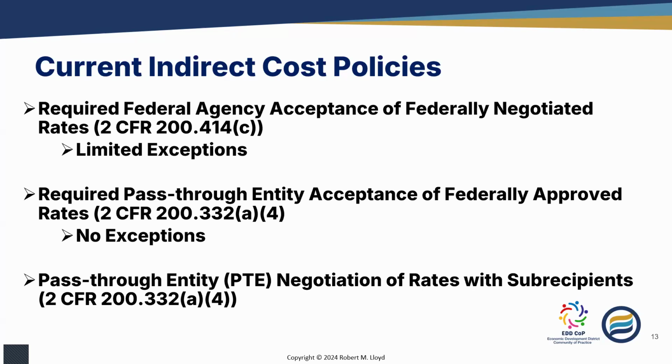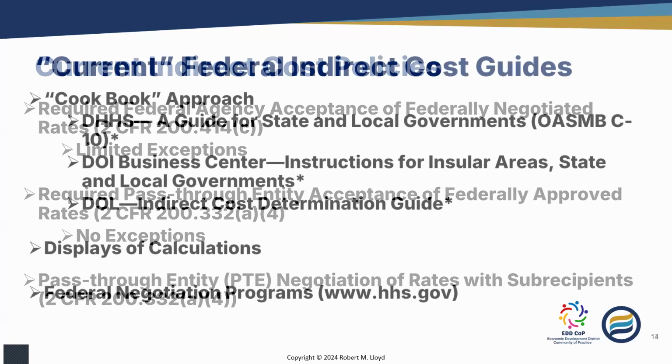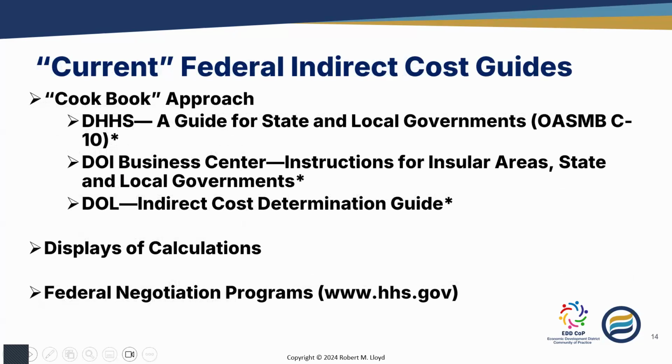Now, where do you get help in putting these indirect cost allocation plans and rate proposals together? There are several federal agency, I put in quotes on slide 14, current federal indirect cost guides, okay? Several of the federal agencies have put these things together because they have significant responsibility for negotiating rates with a large cohort of organizations.